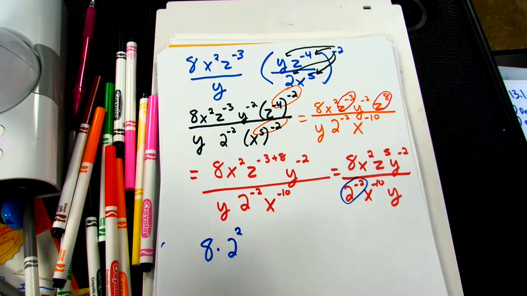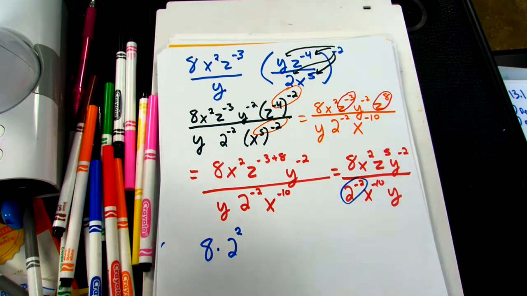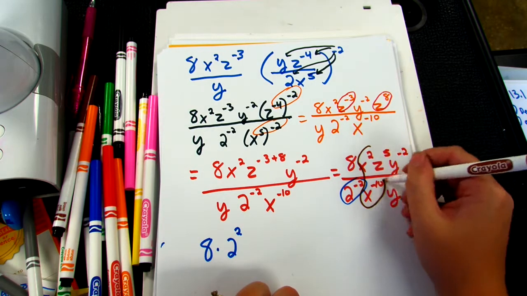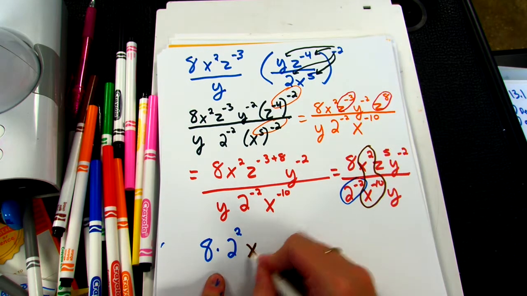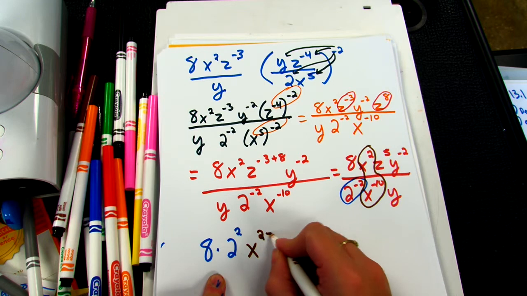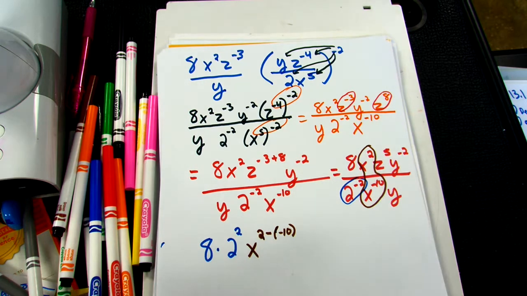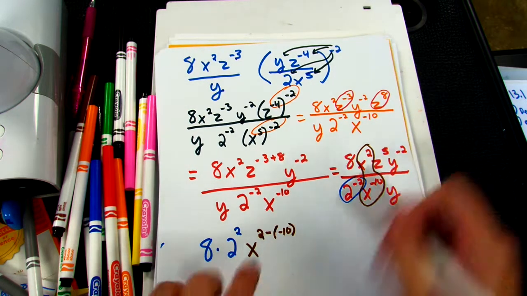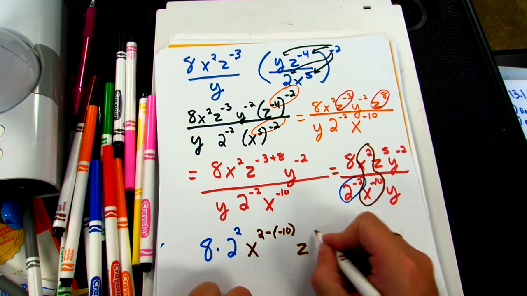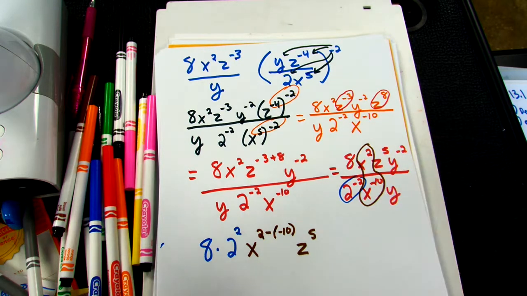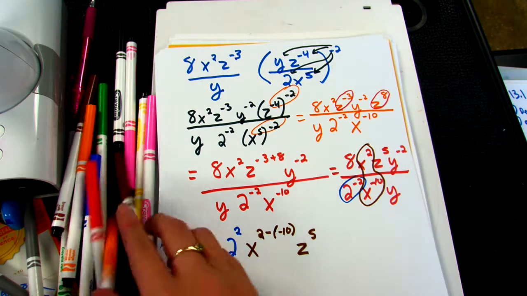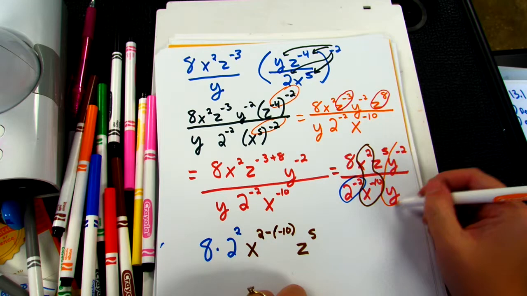And let's go ahead and take care of this quotient property. So x to the 2 minus negative 10. And then we have z to the 5th. And then let's go ahead and take care of this quotient property.